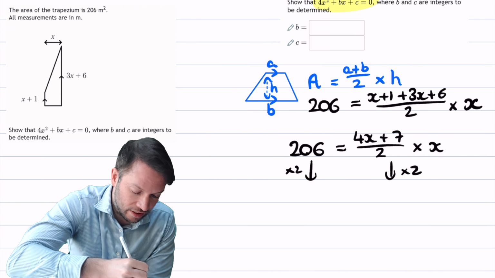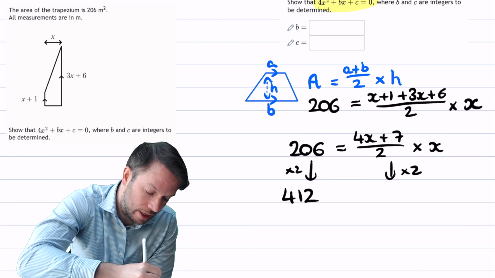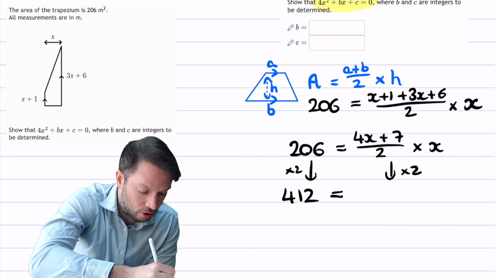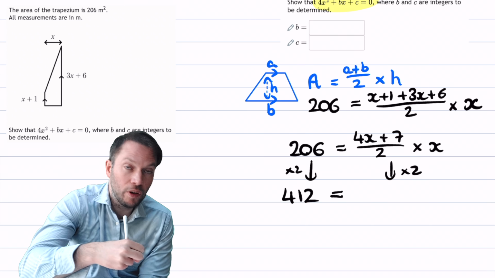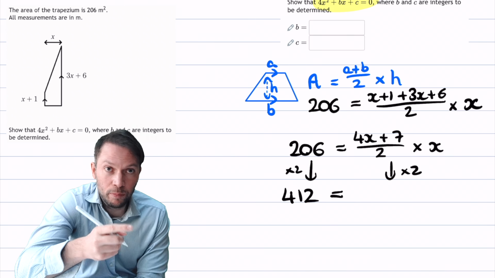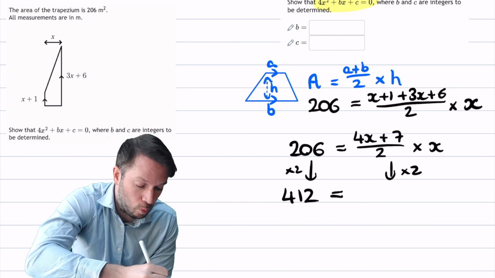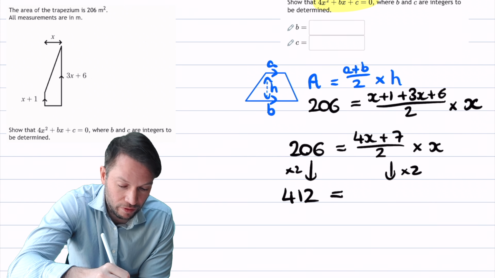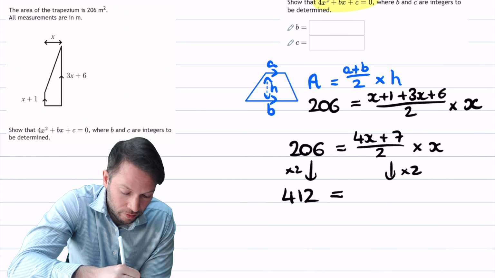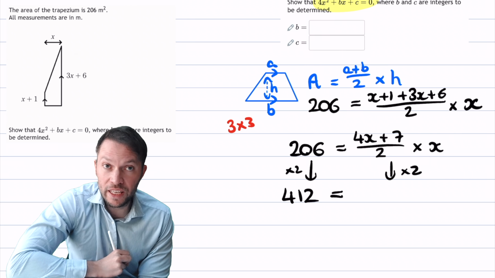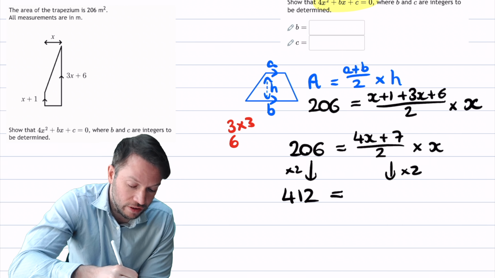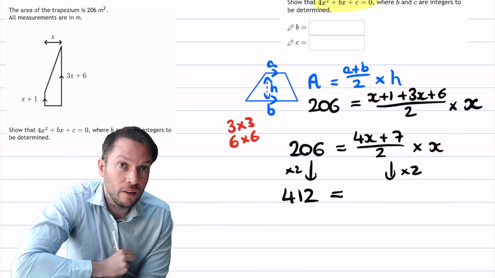So the left-hand side is going to become 412. Now, if you have a product of two things like this, if you multiply the overall value by 2, you only multiply one of these things by 2. For example, if I had, say, 3 times 3, and I want to make that twice as big, I wouldn't do 6 times 6, because that would actually be 4 times as big.